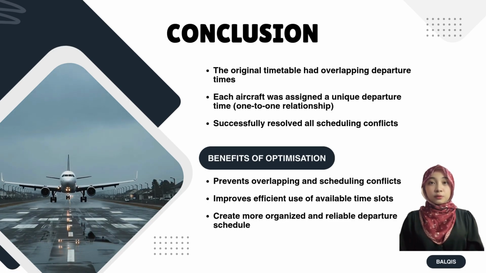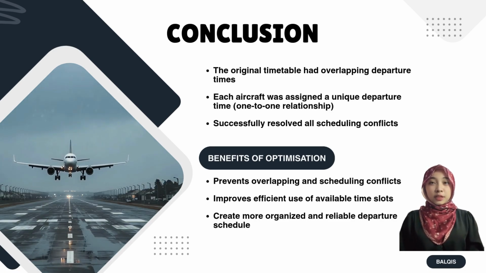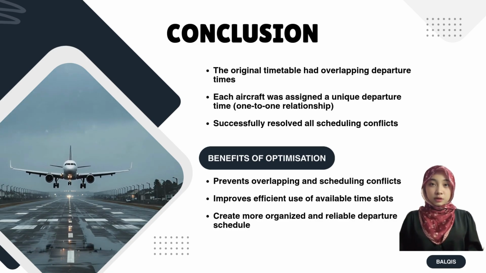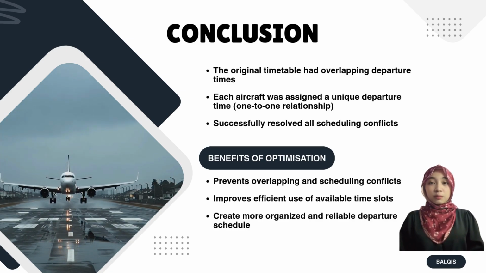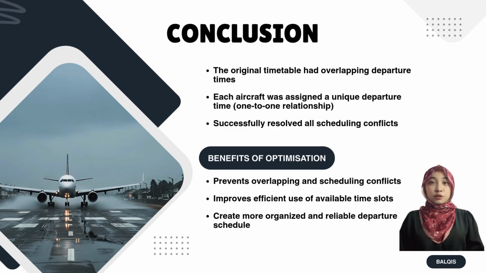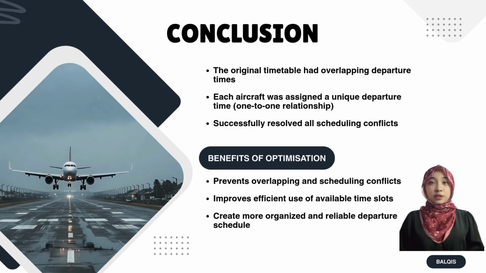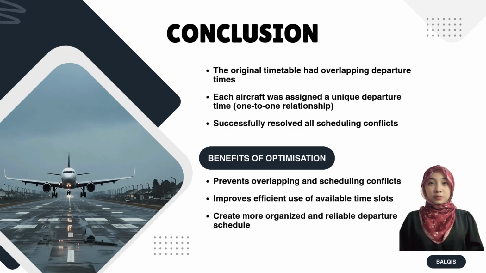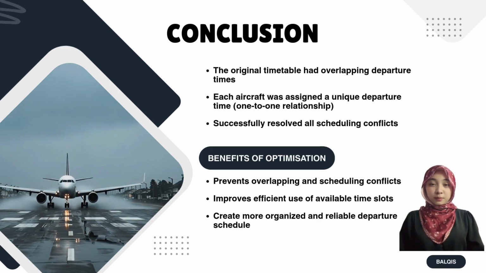Each aircraft was assigned a unique departure time, creating a one-to-one relationship between flights and time slots. This optimization not only prevents overlapping issues, but also improves the efficient use of available departure slots. Overall, the results demonstrate that graph theory is an effective approach for solving real-world scheduling problems.